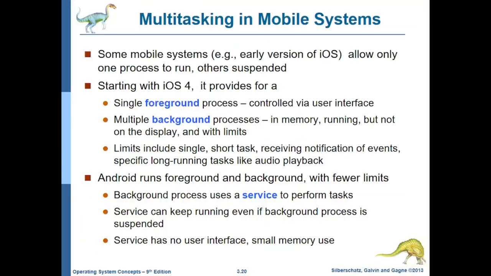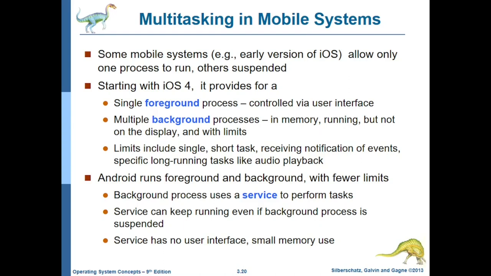This slide is about multitasking in mobile systems. Multitasking is the ability of an operating system to run more than one process at a time. One way to implement multitasking is to allow only one process to run in the foreground while other processes are suspended in the background.